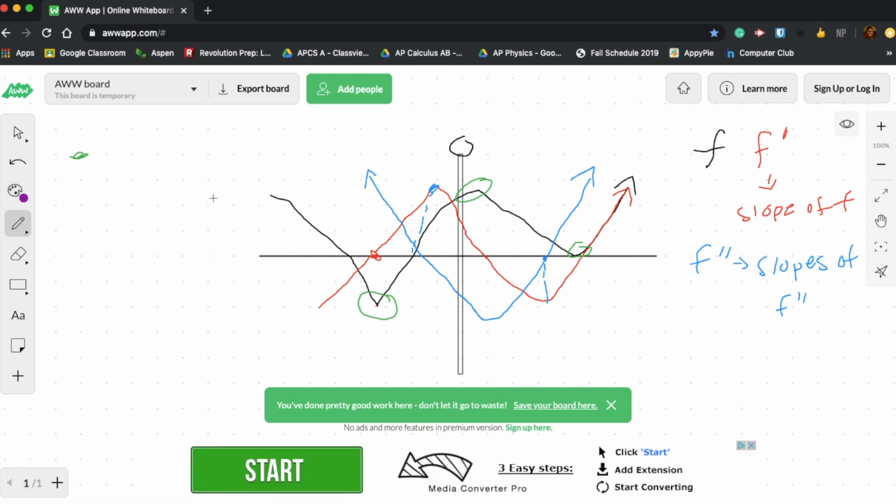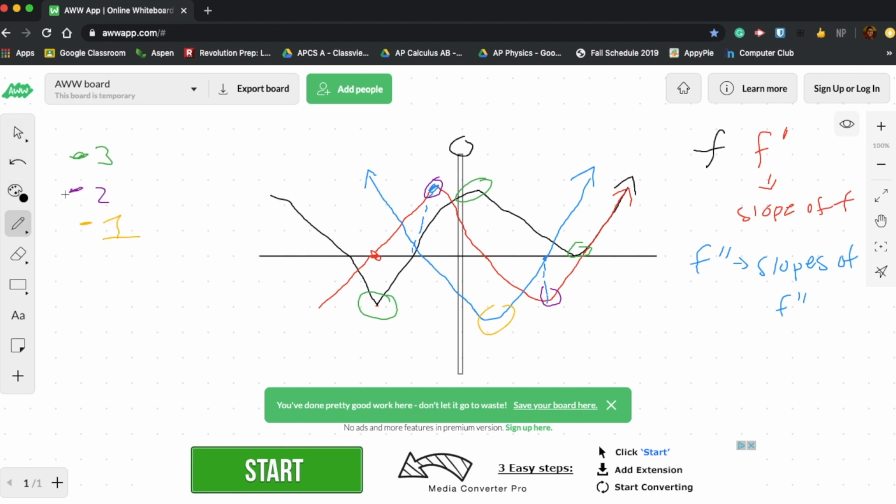And in purple, let's do the turning points of f prime. 1 turning point, 2 turning points. So green was 3, and then purple was 2. Now let's do yellow, and let's do it for blue. Oh, look at that, it's only 1. So every time you take the derivative of something, it's losing a turning point.